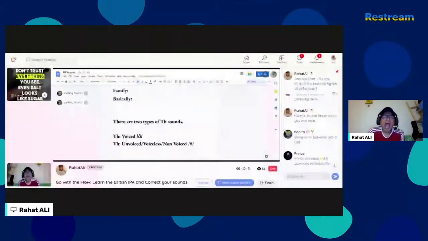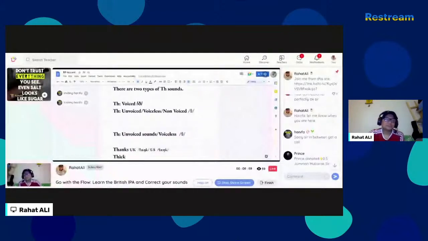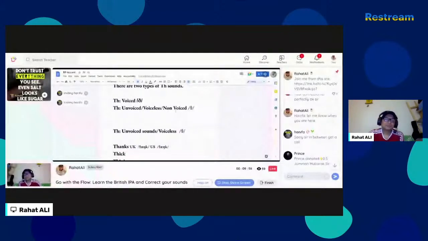So you can see the symbol. Voiced is like delta, and unvoiced is like theta. Big symbol. Oh, it has been written twice.